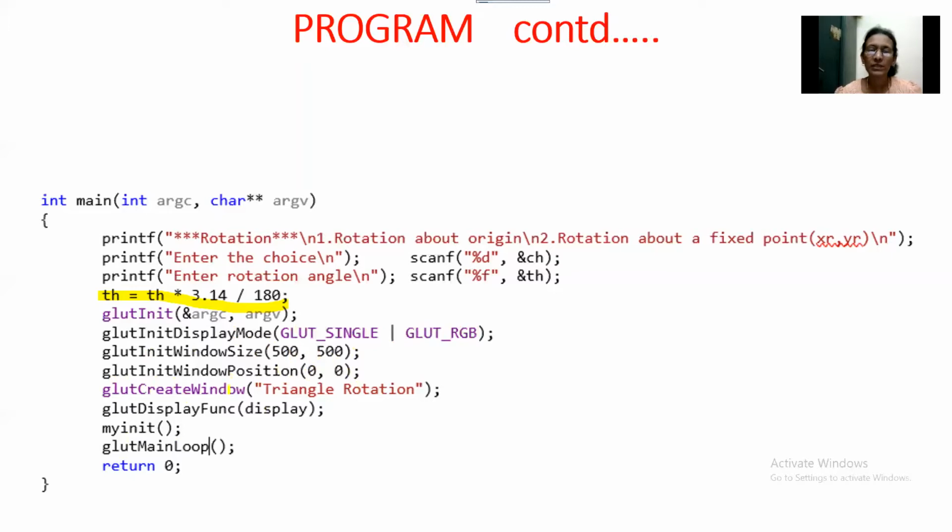Then glutCreateWindow creates the window using the previous commands. Next, we have glutDisplayFunc, that is display. Display is the callback function, which draws the triangle. glutMainLoop puts the whole thing into an infinite loop.